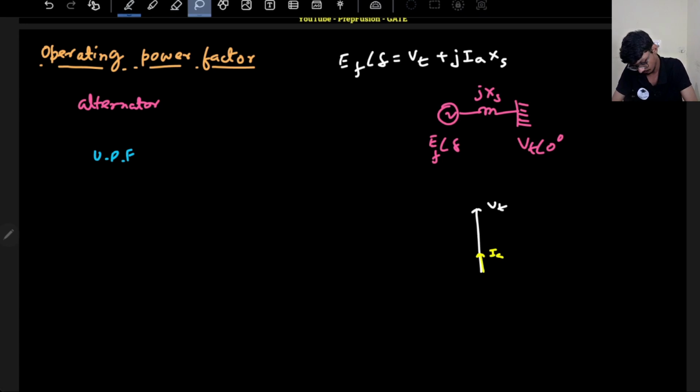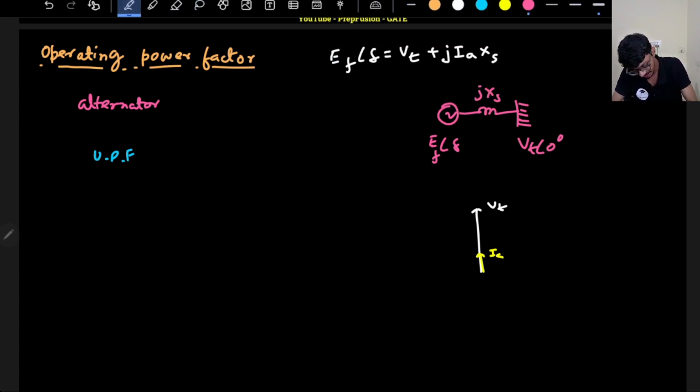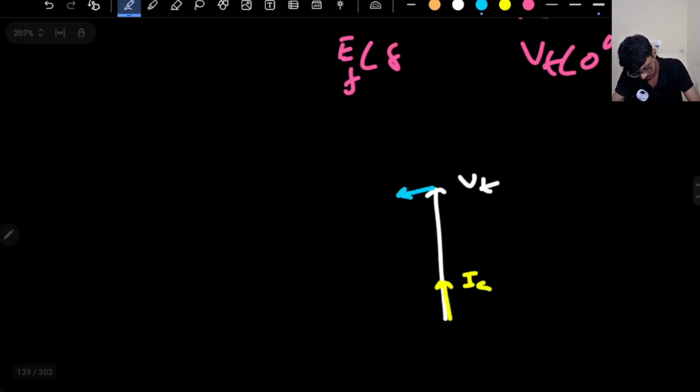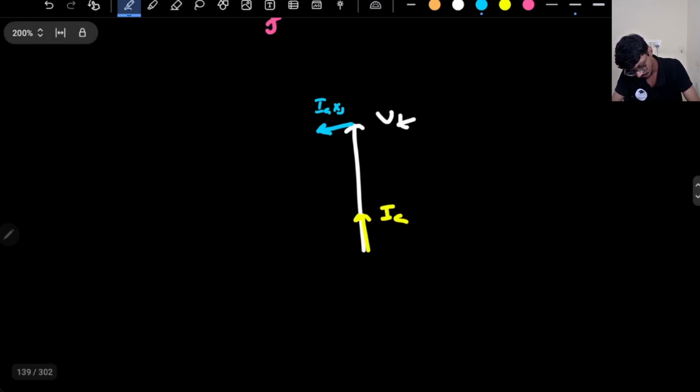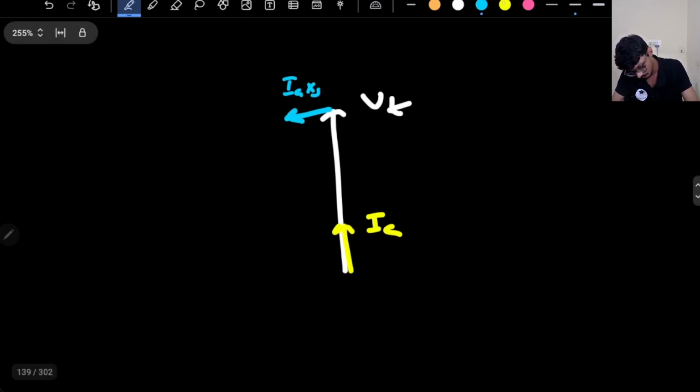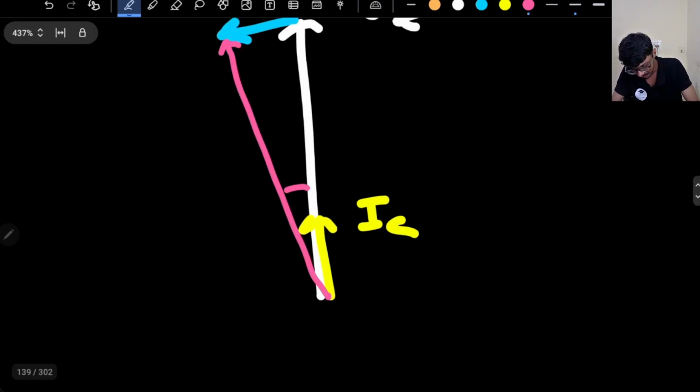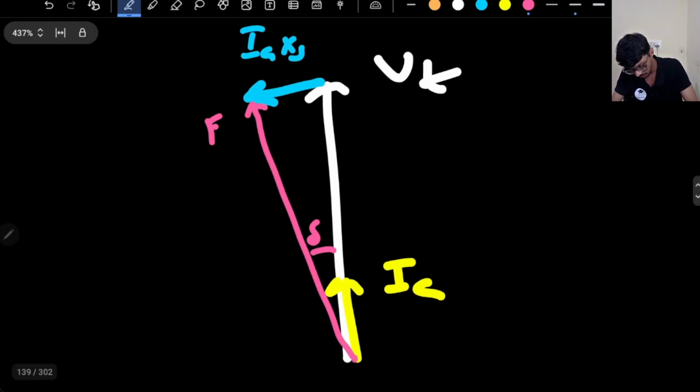So j IA XS will be somewhere here. This is IA XS and this will be my EF. This is delta, the power angle between EF and VT.